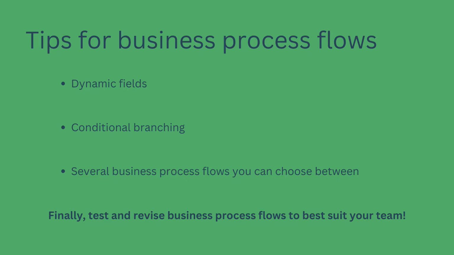You should make sure that your sales team and the different teams that are using your business process flows are using them and testing them and making sure that they are really working for them, and revise anything that's not meeting their needs. You have some that come out of the box.